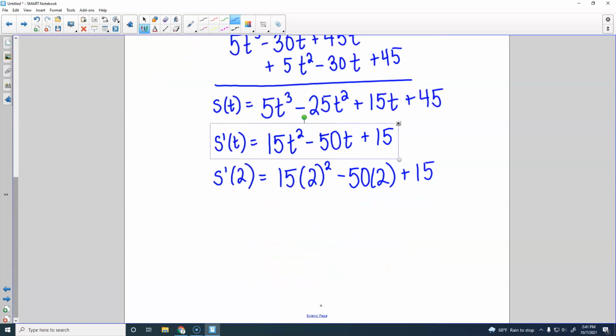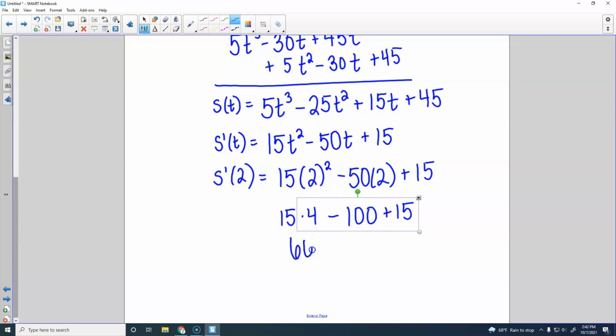You do want to go ahead and get a number here because you're going to have a hard time explaining it if you don't have a number. So it's going to be 15 times 4 minus 100 plus 15. So 60 minus 100 plus 15. I believe you're going to get negative 25.